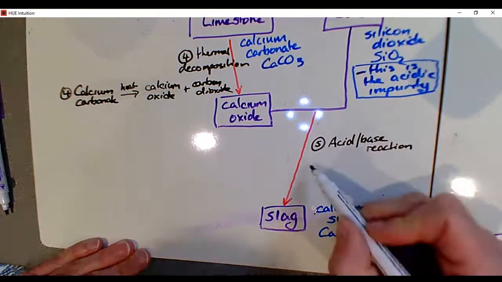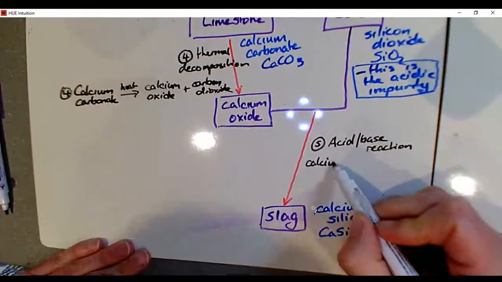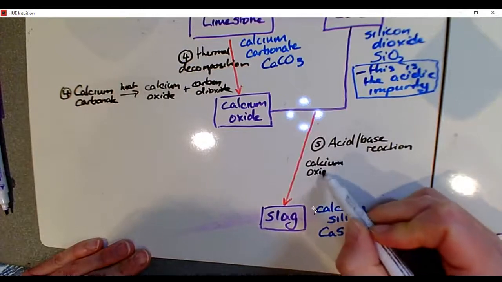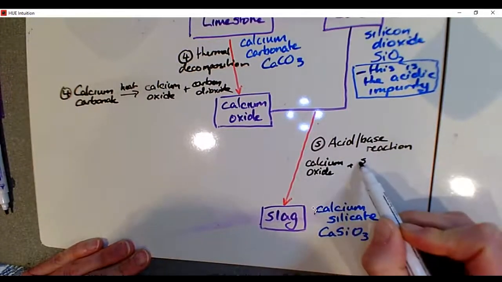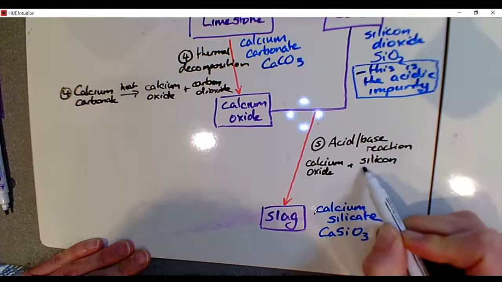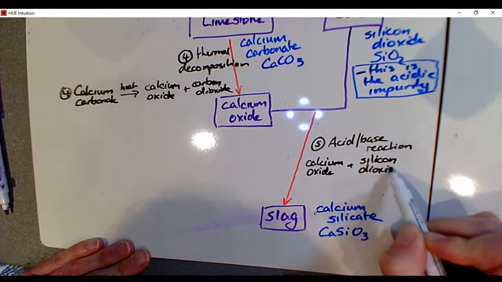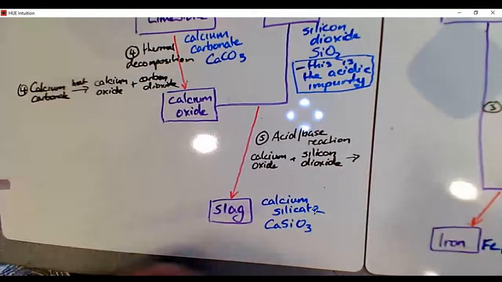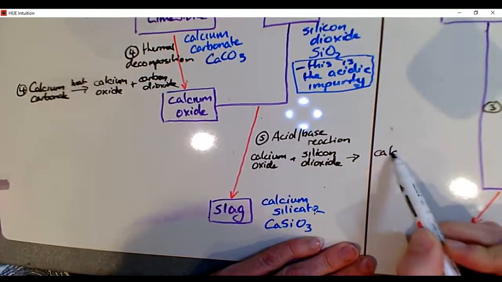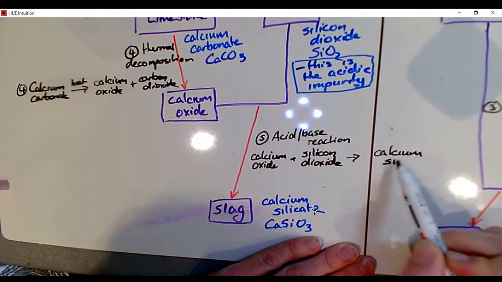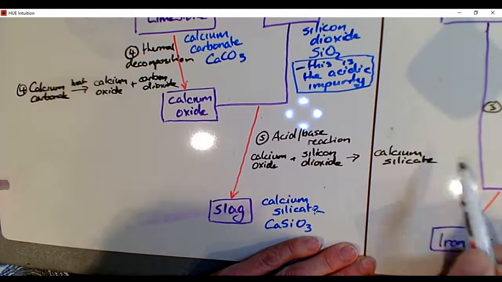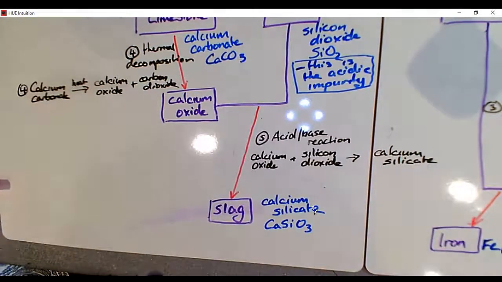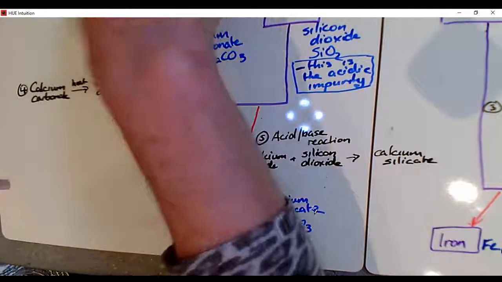So what you have is calcium oxide plus silicon dioxide, and that will give you calcium silicate. And that's the end of that.